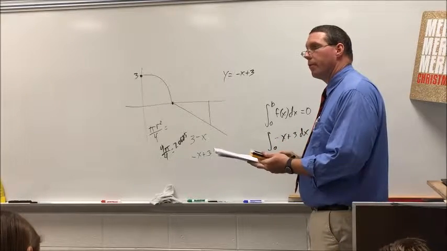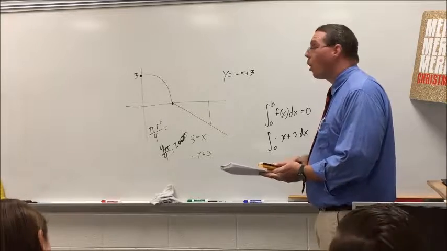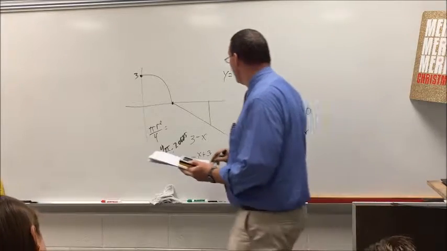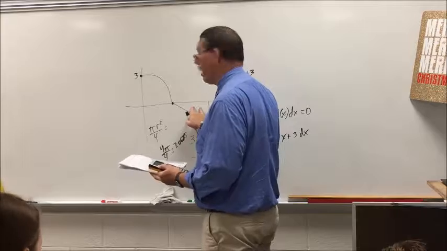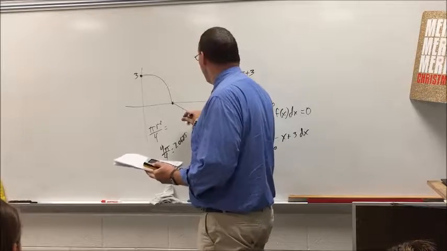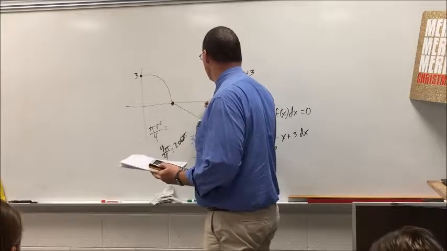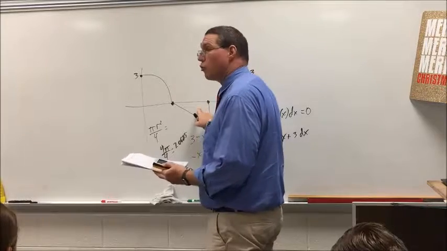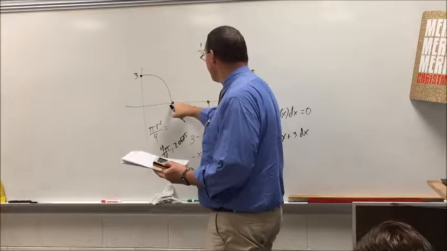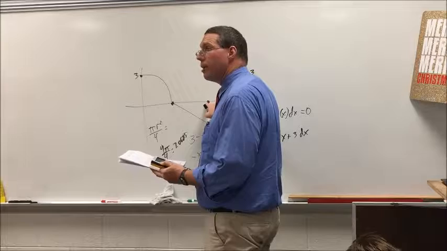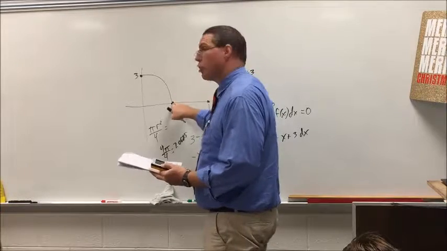Well, what if we didn't know the graph was negative x plus 3? Then what you could do is you would need this area, which is a triangle. It's 1/2, and the distance from here to here is going to be b minus 3.